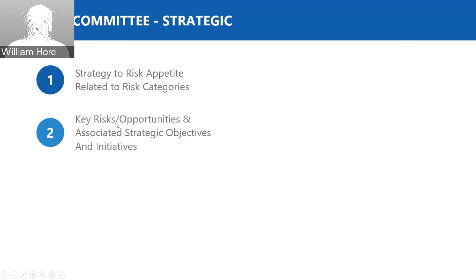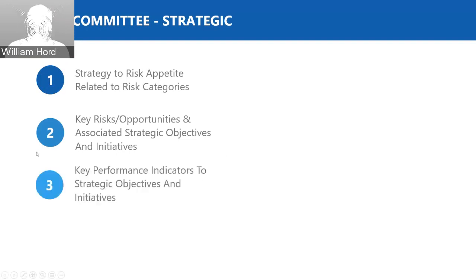Now, we were providing key risks and opportunities as a whole to the board. You could certainly say, I'm also going to provide those key risks and opportunities that we've specifically designated to various objectives and initiatives, and that's okay too. But sometimes it's another layer of data that may or may not be valuable to your board, but certainly is for your committee for having an understanding and having a risk-based discussion.